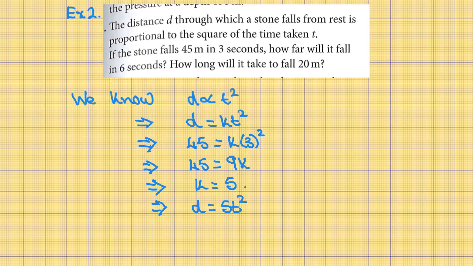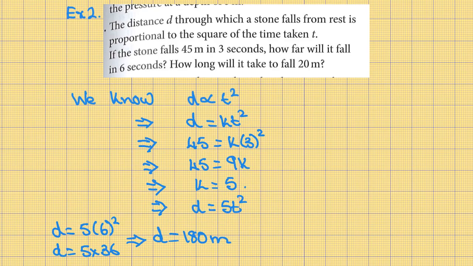When t is 6, we get d equals 5 times 6 squared. So d equals 5 times 36. Therefore, d equals 180 meters.